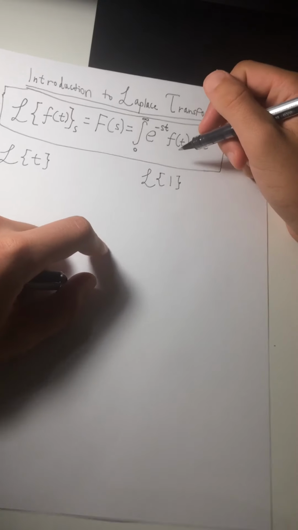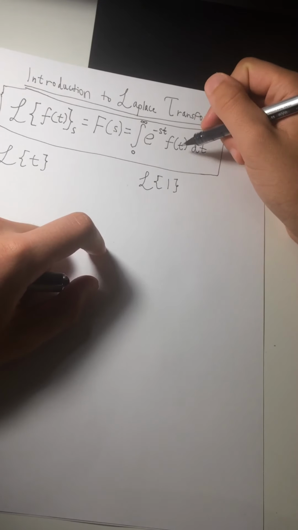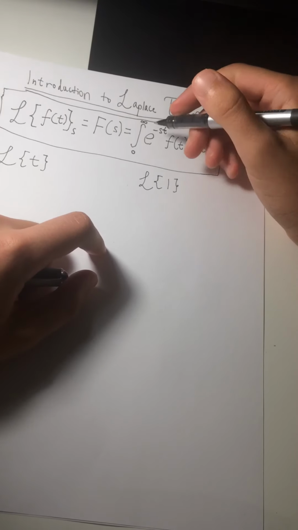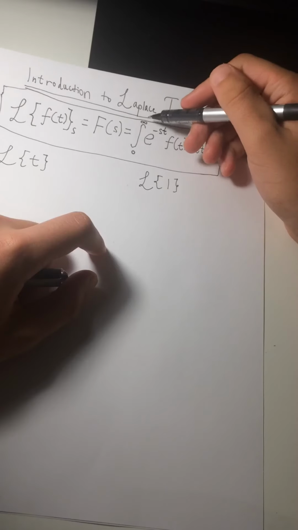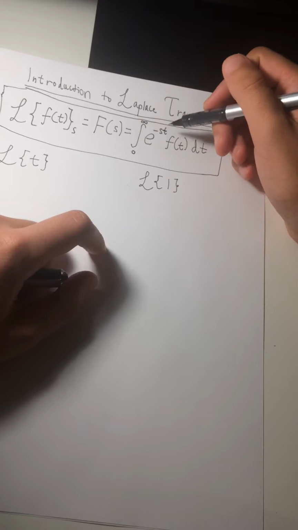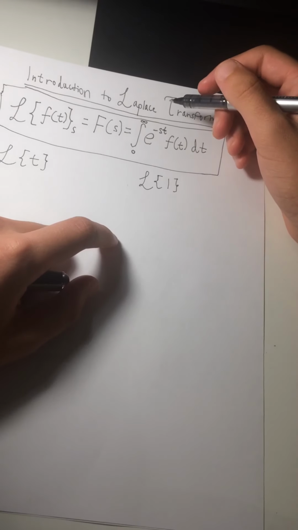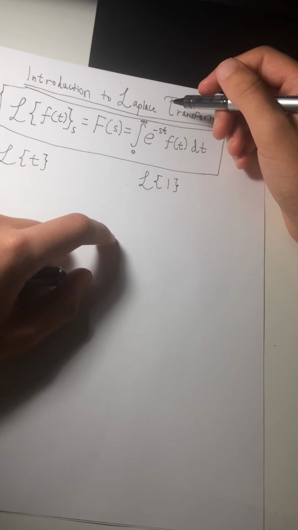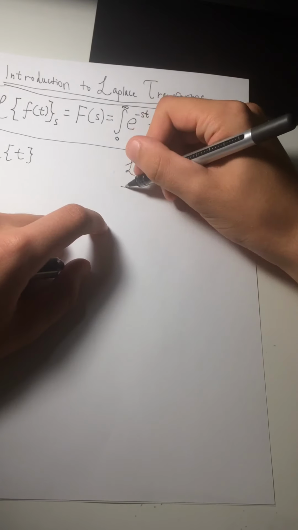So our f of t here is just 1, so it basically means we're just finding the improper integral from 0 to infinity of e to the power of minus st. So that's not much of a big deal. You don't need to use integration by parts or anything. Let's just dig into it.